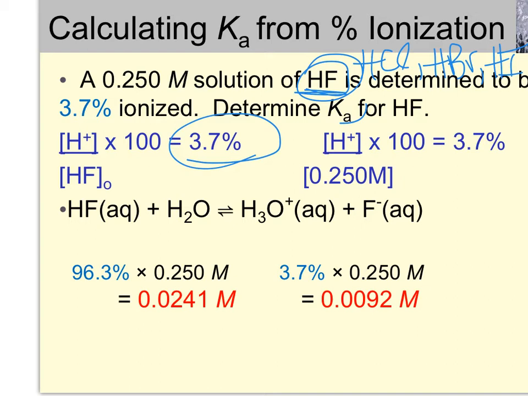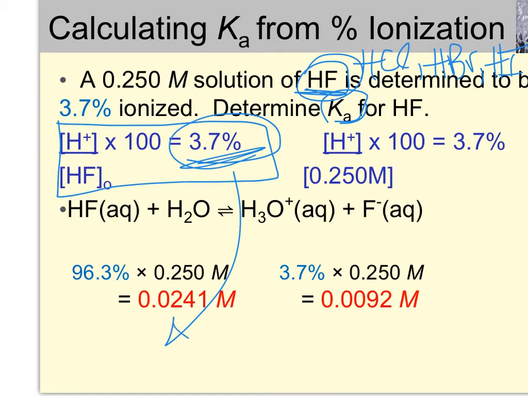So in this problem, they're telling you that hydrofluoric acid has a percent ionization in water of 3.7%, and they're asking you to calculate K. So let's talk about what K is first, what we're trying to do. So write out the formula for percent ionization, and then let's go ahead and write out the formula for Ka.